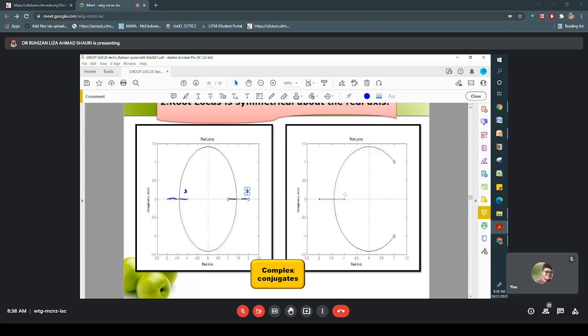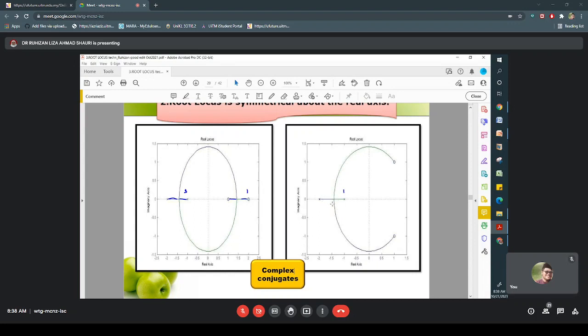So just count it. This is the first, this is second. The odd number is just this one. This is first, this is second. Since you have one odd there, you must make sure your locus exists on the left side. And since this is even, it is in the other direction.